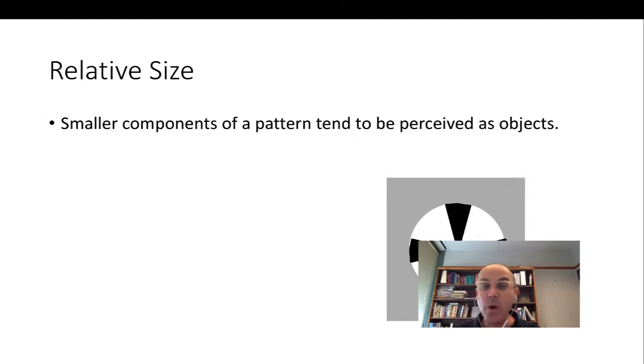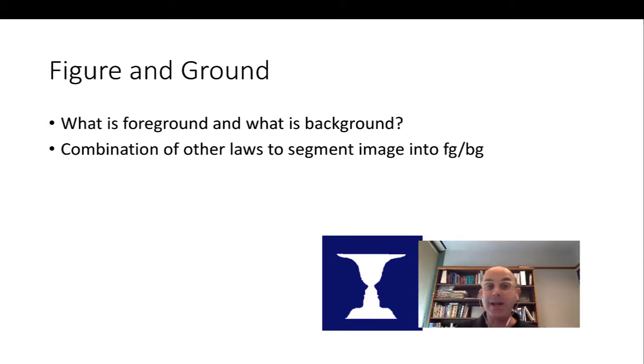Relative size is another way for us to display an object or design aspect, and how to apply that. Figure and ground, we talked about that, and the background is really important.